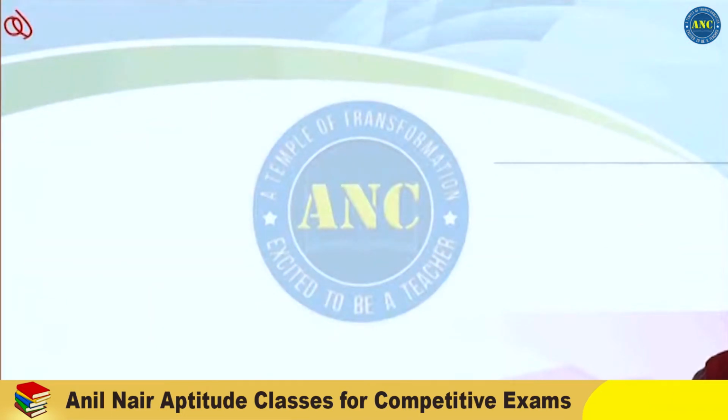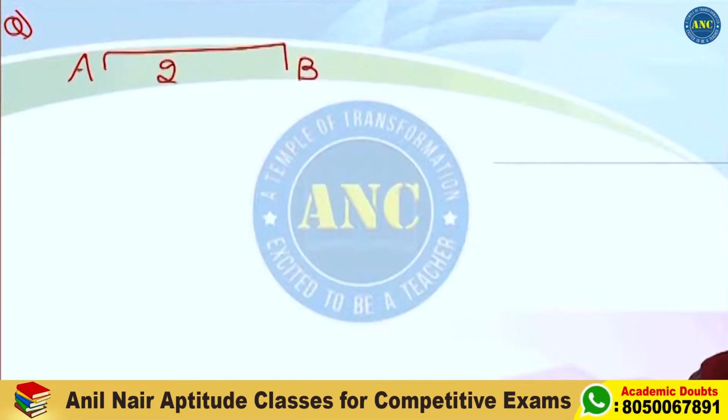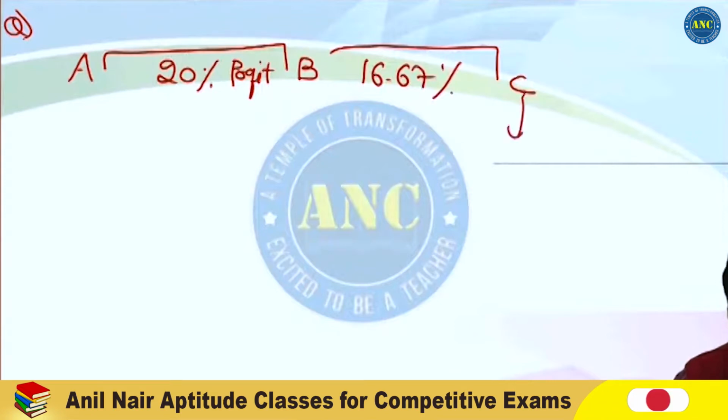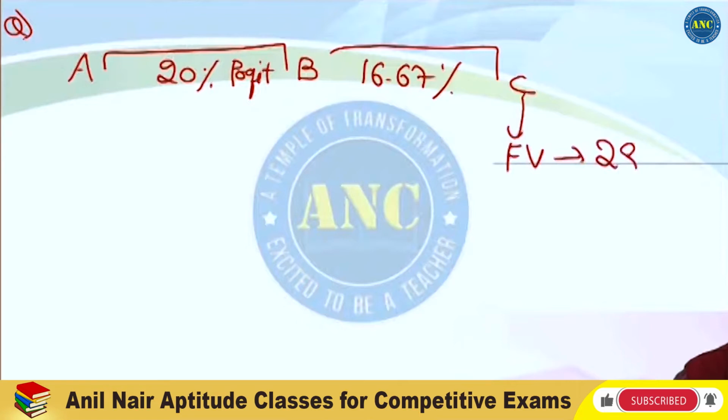Now see here. A sold a product to B at 20% profit. B sold the product to C at 16.67% profit. Final value: C purchased it for 280. What is the initial value?